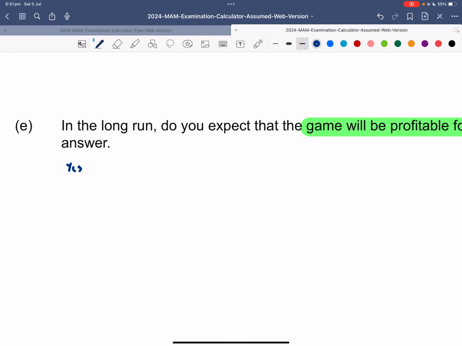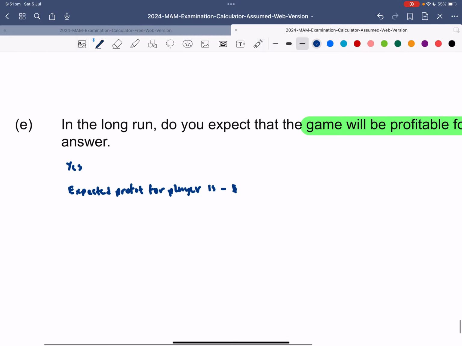We can explain that the expected profit for the player is what we just worked out: negative $0.094.